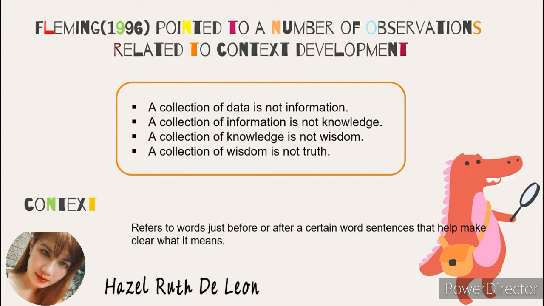A collection of information is not knowledge. When we say information, these are the facts provided or learned about something or someone, while knowledge is the information and skills acquired through experience or education. A collection of knowledge is not wisdom. Knowledge is the accumulation of facts and data that you have learned about or experienced.